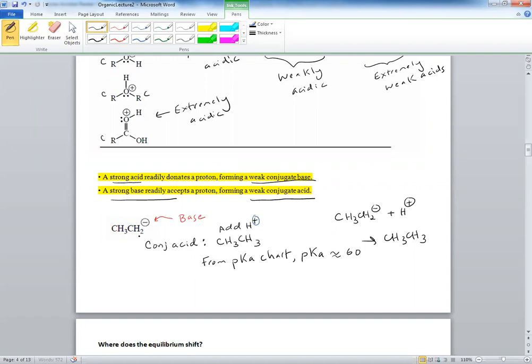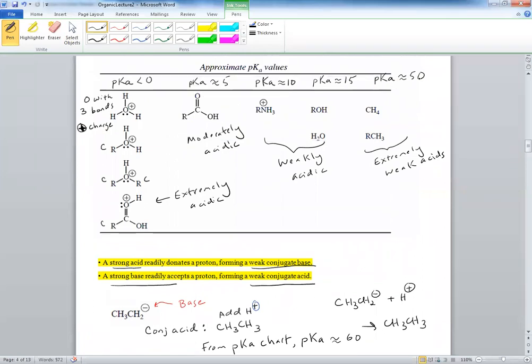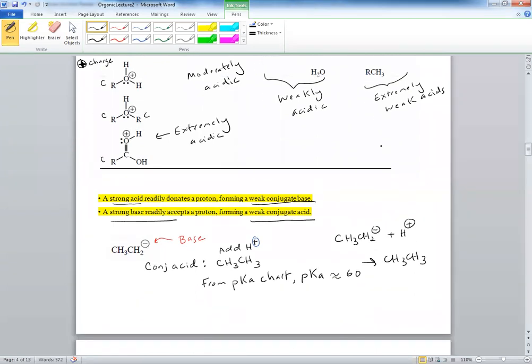So what does that tell us about this? Is this a weak acid? Again, if we go back and look here, anything close to 50 or above 50 are extremely weak acids. So this is pretty much the weakest acid on the chart. I'll put this in red so you can see it. So what does that mean?